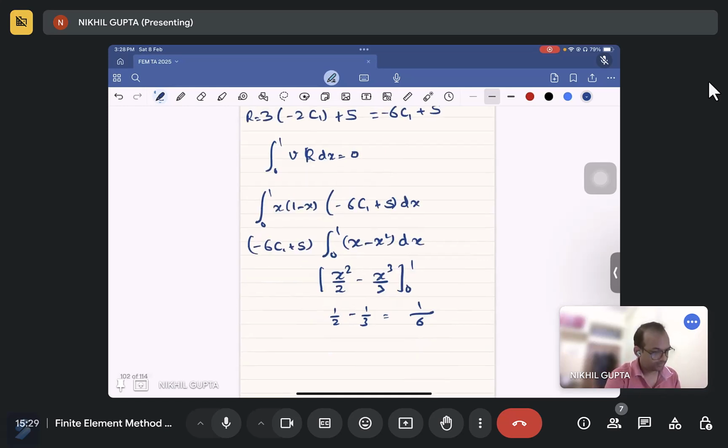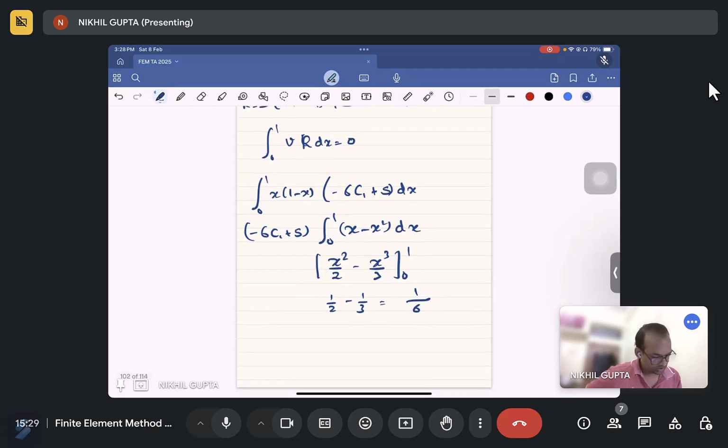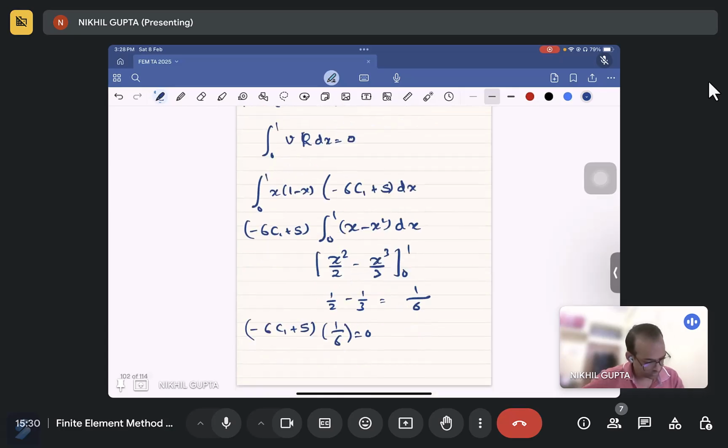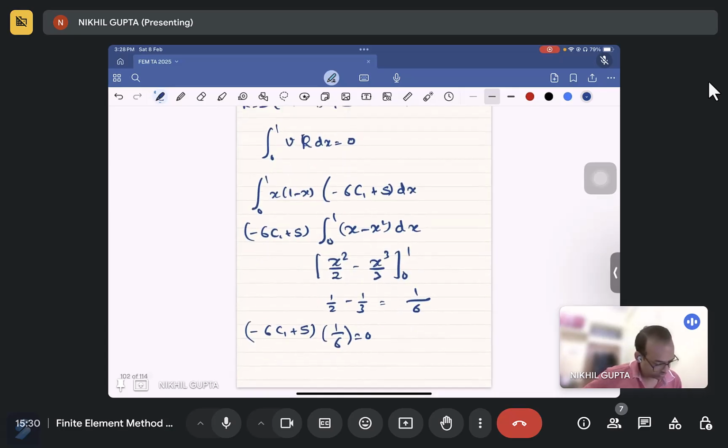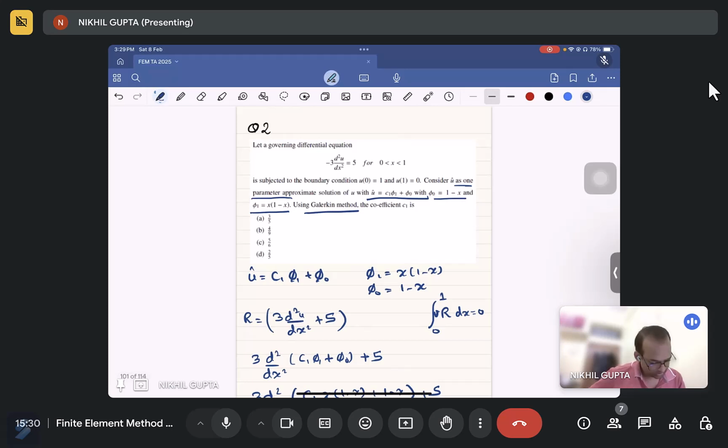So you will solve this: minus 6 C1 plus 5 into 1 by 6 equal to 0. When you solve this, you will get minus C1 plus 5 by 6, so C1 is equal to 5 by 6.